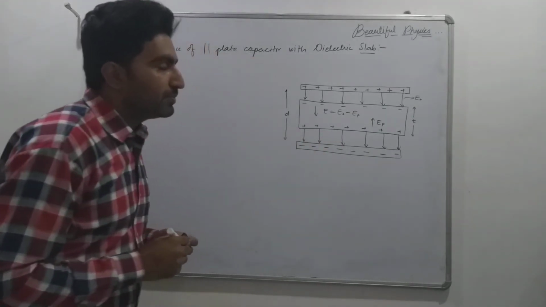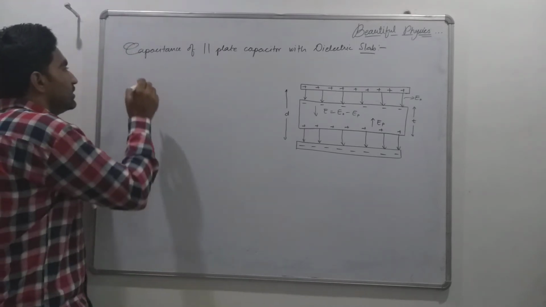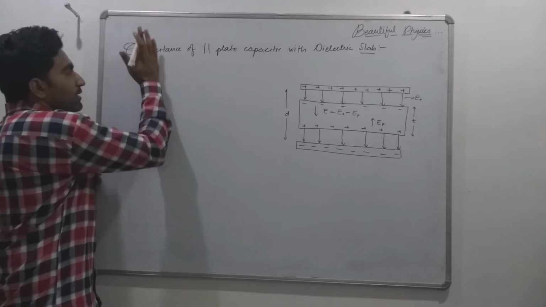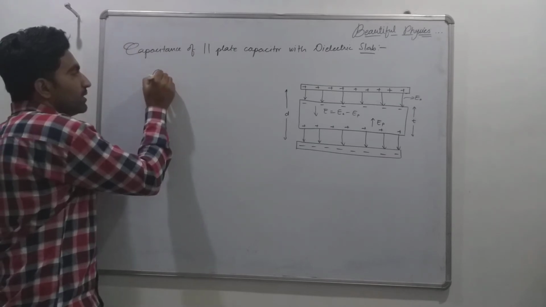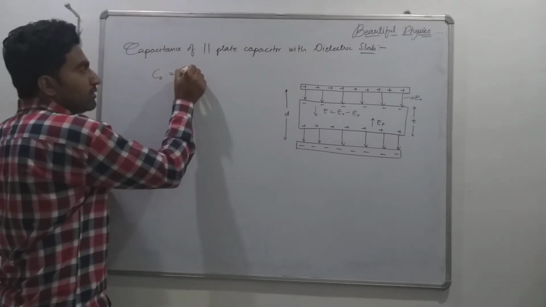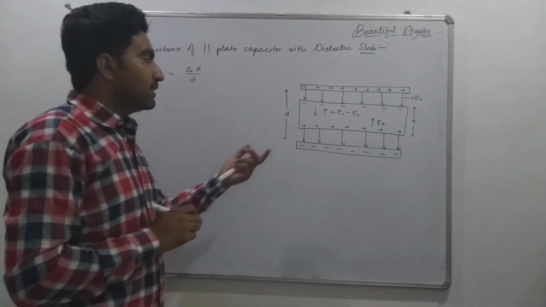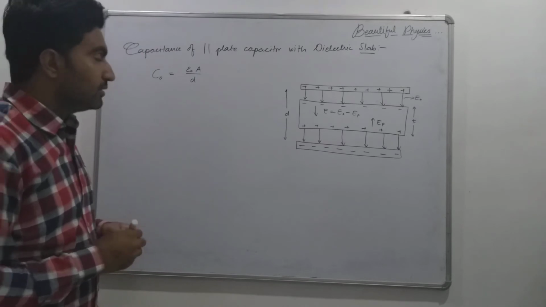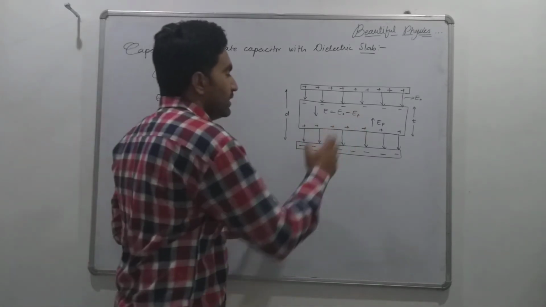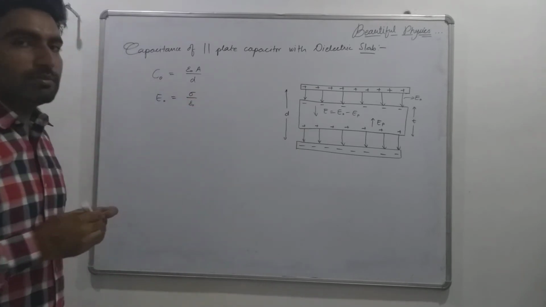Okay, we note that the capacitance of a parallel plate capacitor without any dielectric or conducting slab, I am writing it by C naught, will be equal to epsilon naught A by d, and the electric field E naught between the plates when there is no dielectric will be equal to sigma by epsilon naught.